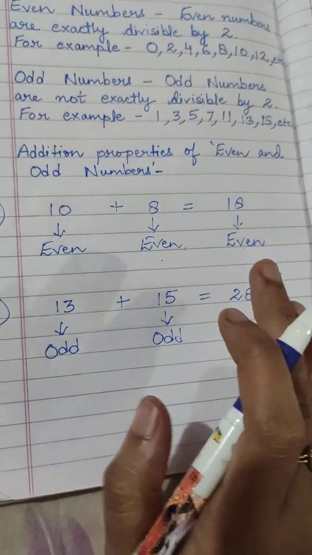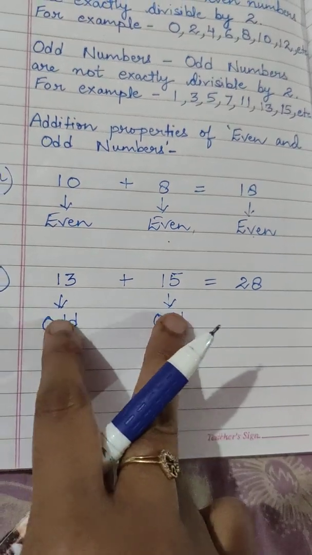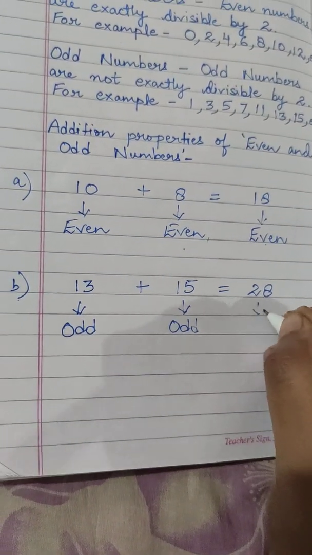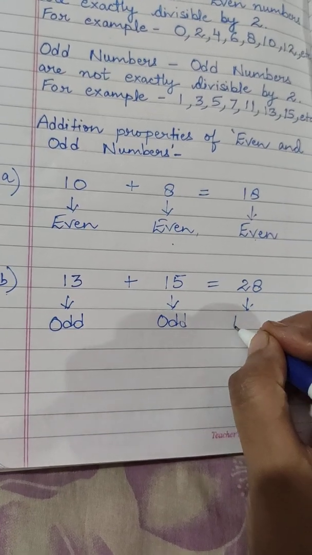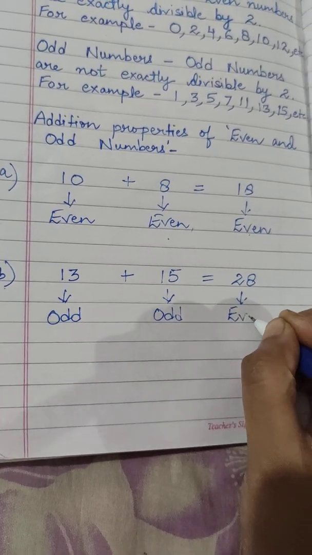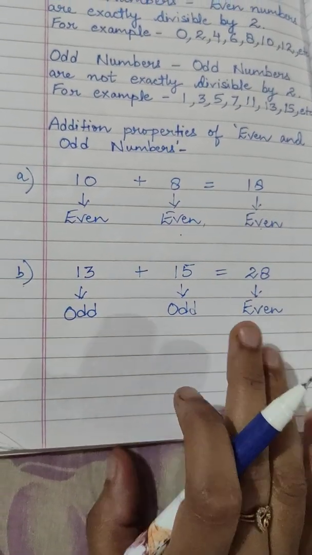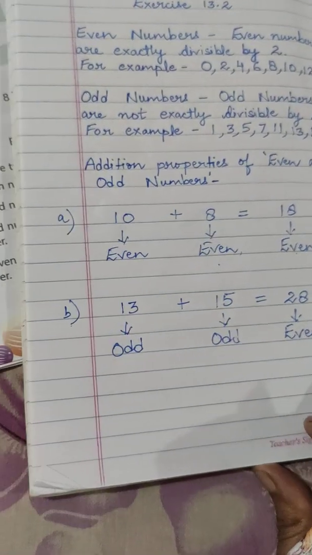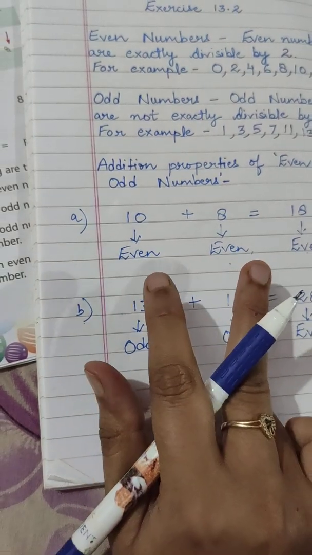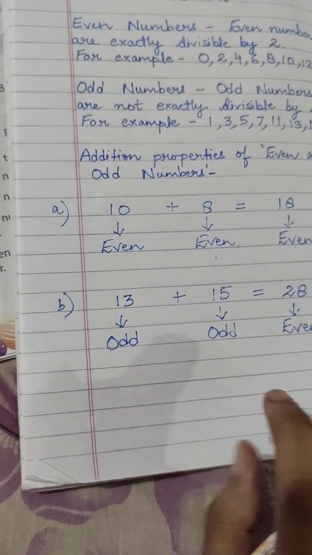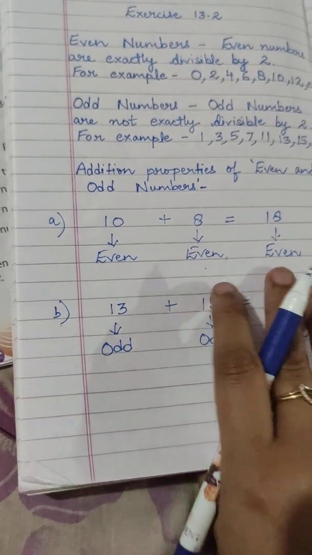Because they are not exactly divisible by 2. So when we add two odd numbers, we get the sum as an even number. The sum of two odd numbers is an even number. So children, just now we saw that the sum of two even or two odd numbers is an even number.